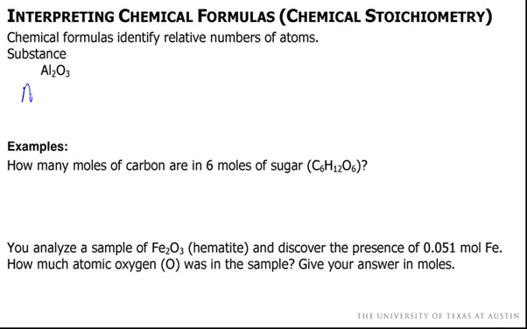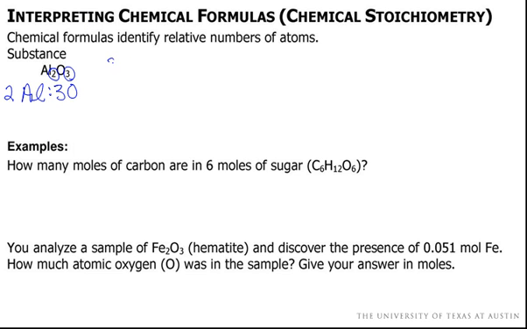So when we look at and compare the aluminum to the oxygen, we notice that it's a 2:3 ratio. I get the numbers 2 and 3 from the chemical formula itself. Now, as soon as I write that ratio, I can treat it as such.